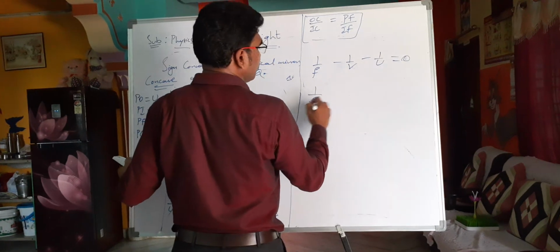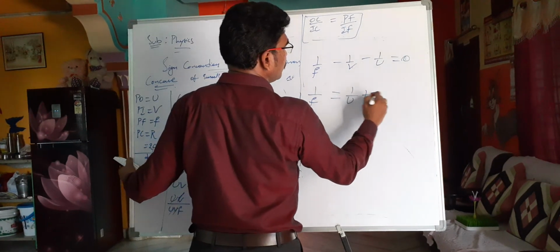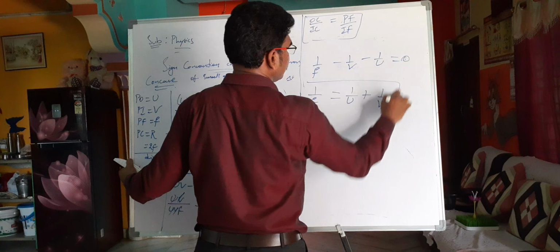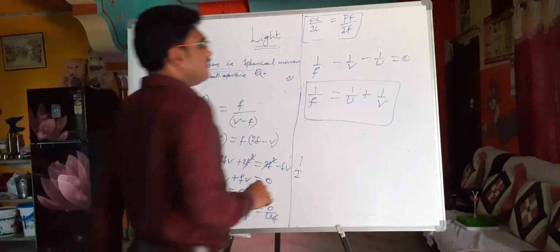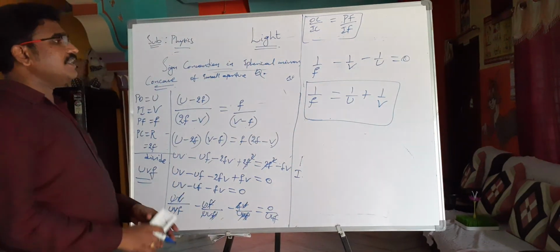Then I can say 1 by F is equal to 1 by U plus 1 by V. This is the relation between U, V and F.